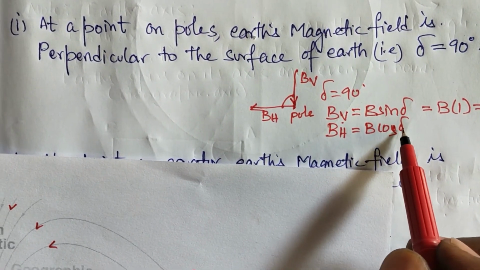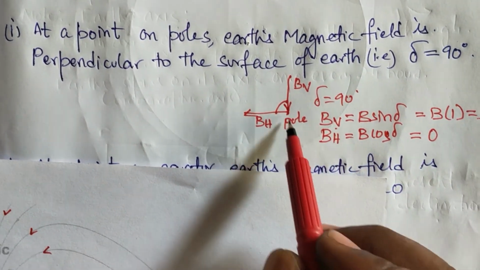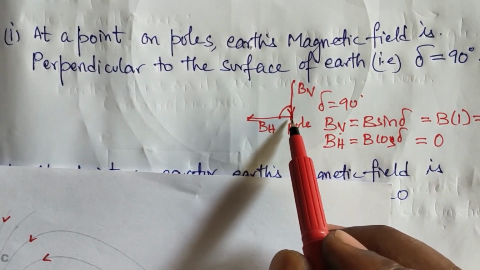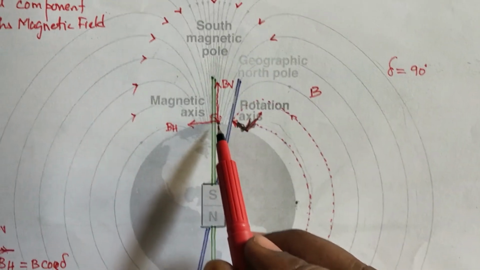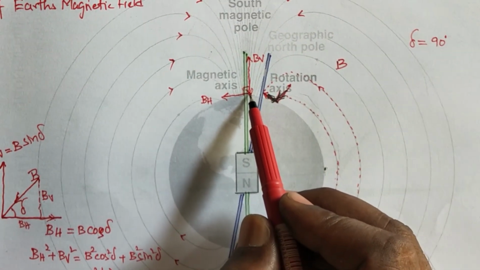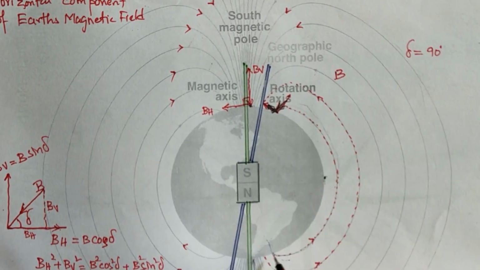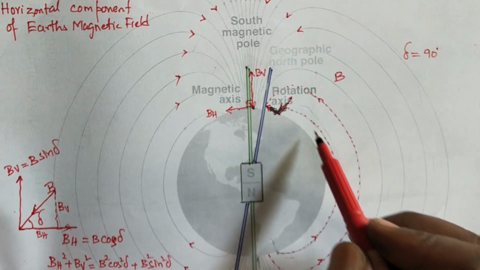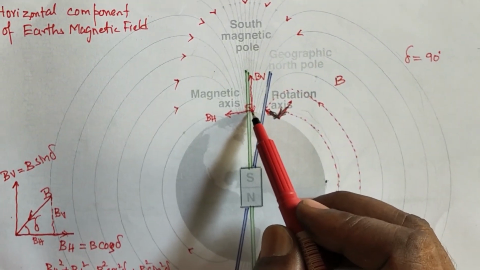Cos 90 is 0. Therefore, the horizontal component at the pole is 0. We can conclude that there is no horizontal component at the poles of the earth. At all the rest of the places the horizontal component exists. Only at the poles does the horizontal component not exist.